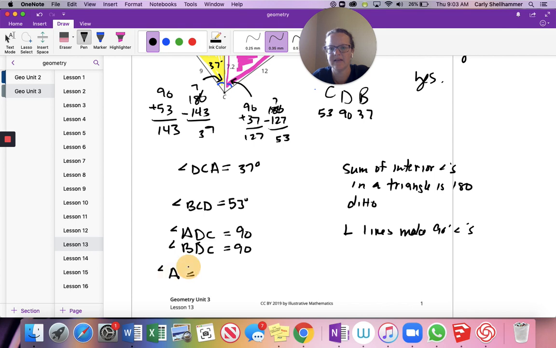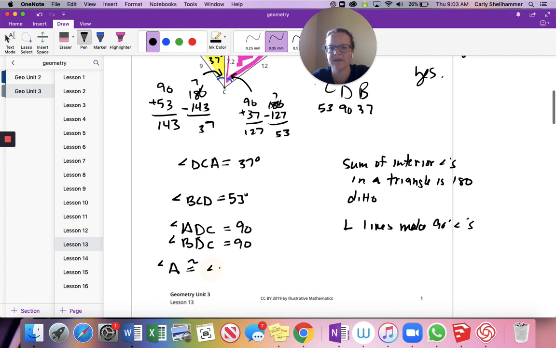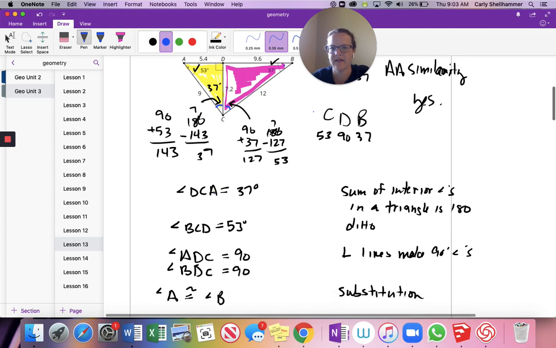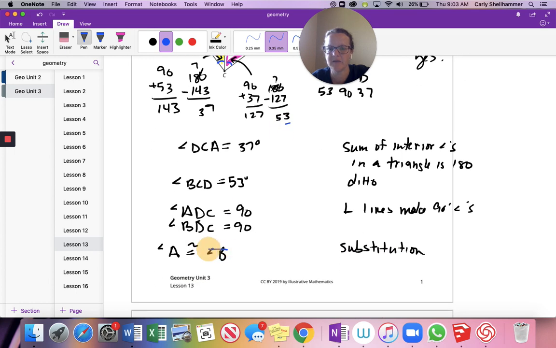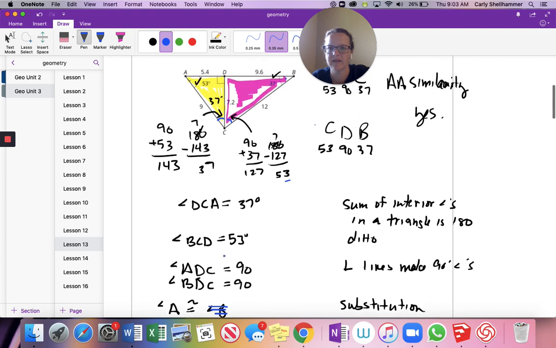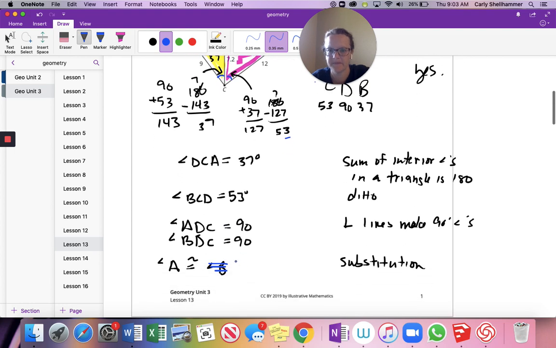Angle A is congruent to angle B, using substitution, because angle A is 53, BCD. Angle A is not congruent to angle B. Angle A is congruent to angle DCB, or BCD.